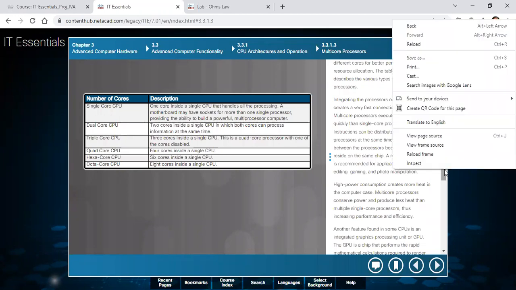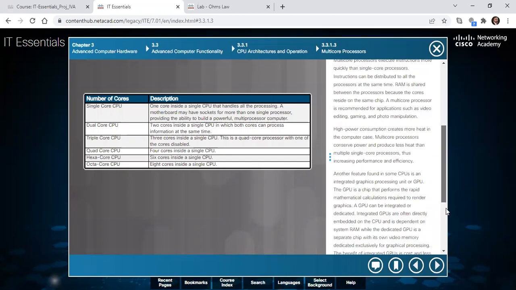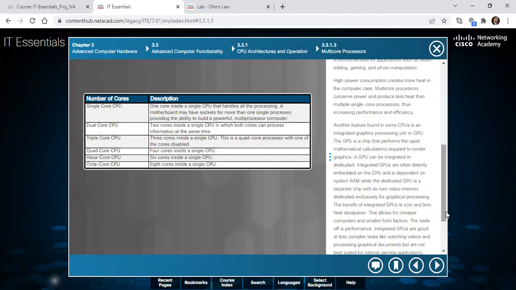Okay, so high power consumption creates more heat in the computer system. Sorry, in the computer case. So a multi-core processor conserves power and produces less heat than multiple single core processors, thus increasing performance and efficiency.